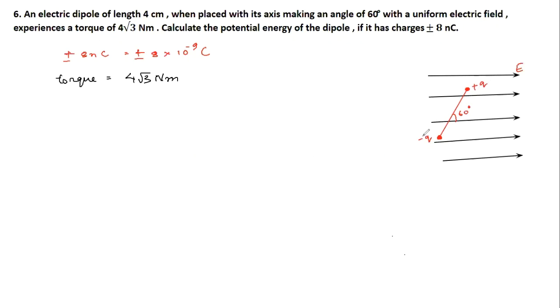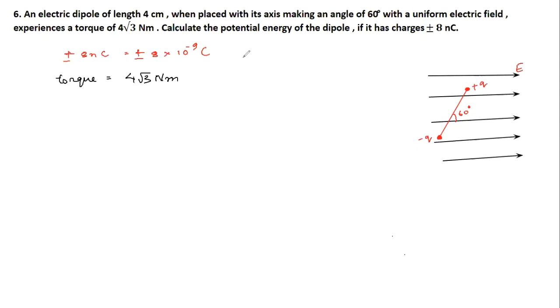Since these forces are directed in opposite directions, it provides a couple, and due to that the dipole experiences a torque, and due to that torque, the dipole starts to rotate about the axis, right? So here we have to find how much potential energy this dipole is having. Okay, so that potential energy for this system we have to find out.